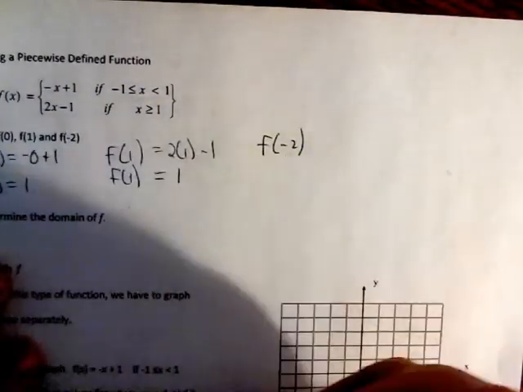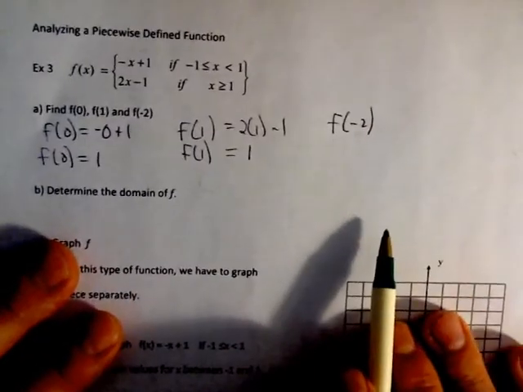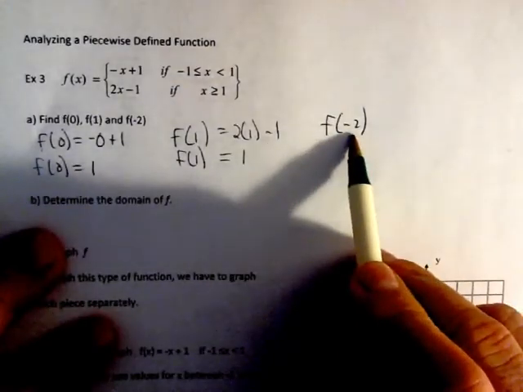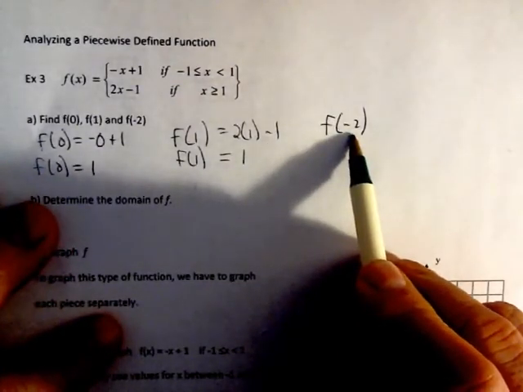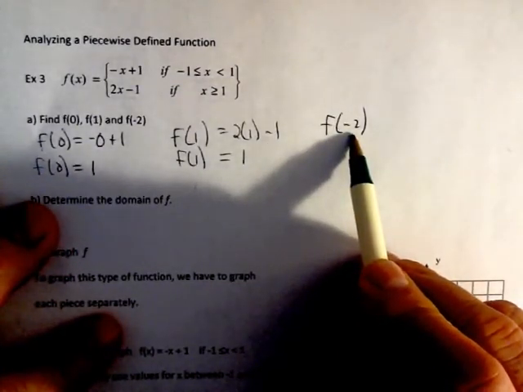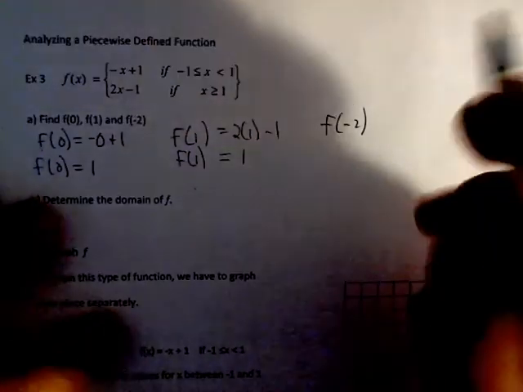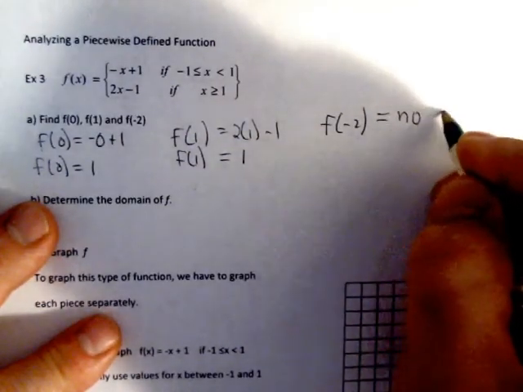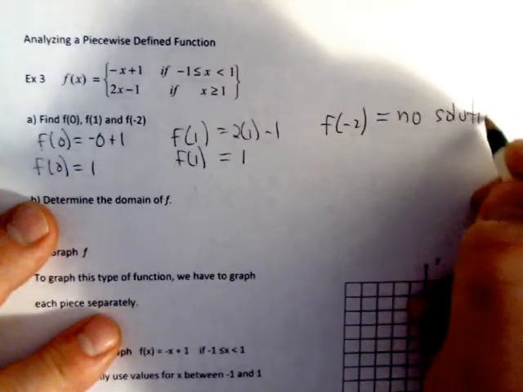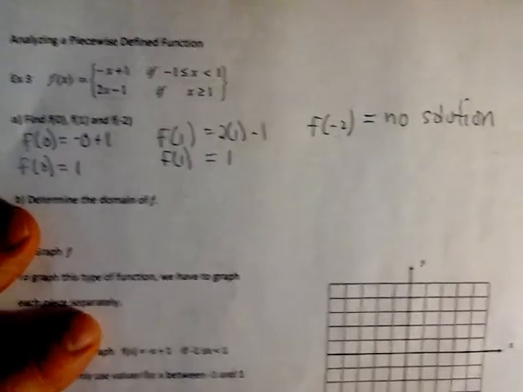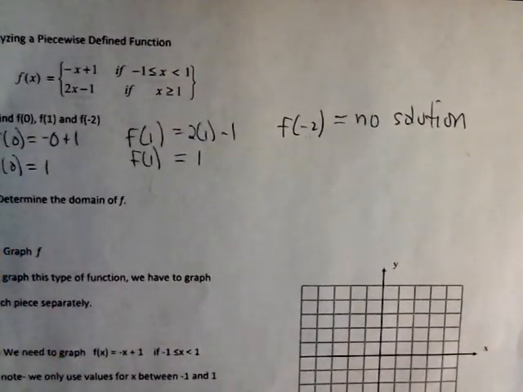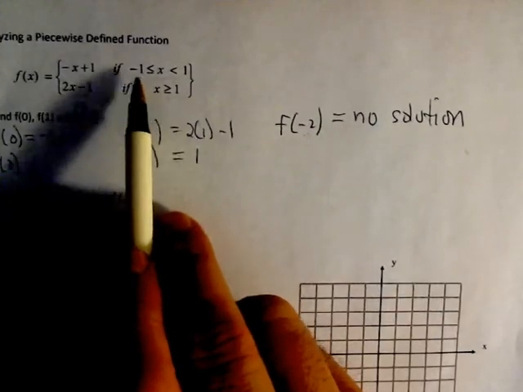Therefore, I do not have an equation to use to find this value for x. Since we are dealing with functions, we have to be able to get a y value given an x. So this one is no solution. There is no equation to use. Therefore, I cannot find any value for y for any x that's smaller than negative 1.